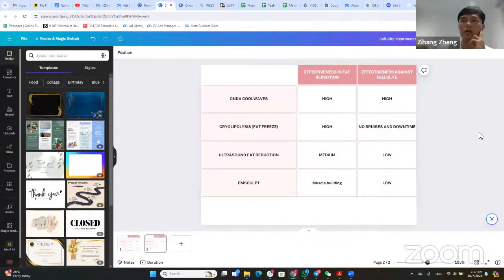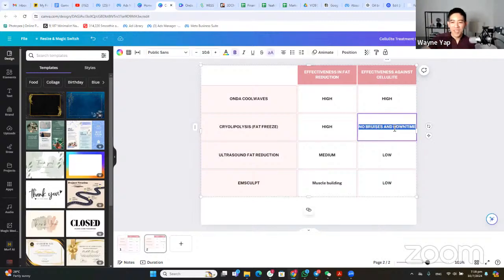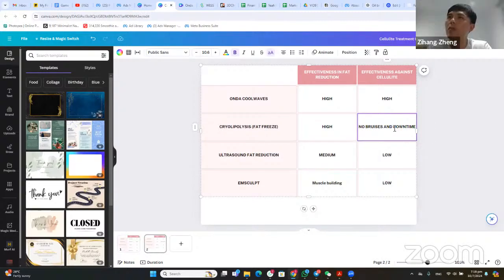Yeah, the thing is like a bit too wide. So if it shows on the screen, it might look quite ugly. So maybe we can split into two lines. There's no bruises and downtime. I would probably put it into two lines, like no bruises, no downtime or something, you know. Yeah, maybe like that.